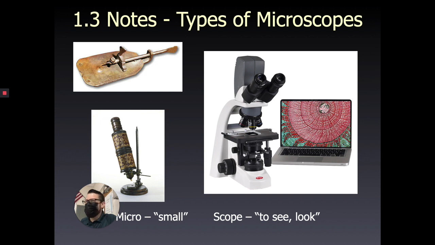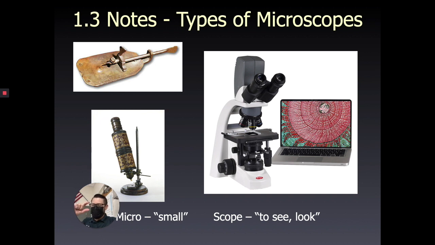Many of you have probably used microscopes before, and the picture on the right is probably most recognizable as what you think a microscope looks like. But ancient microscopes that were invented hundreds of years ago operated slightly differently. The little object in the upper left-hand corner was one of the original microscopes invented by a scientist.